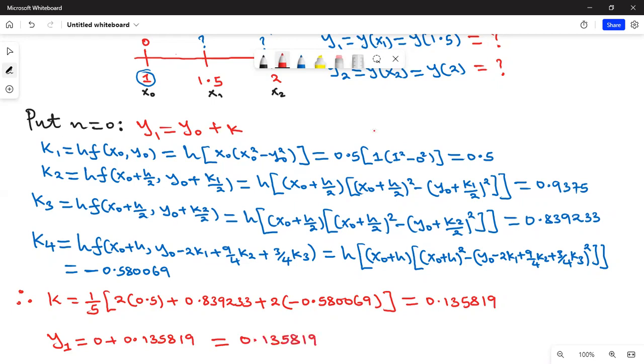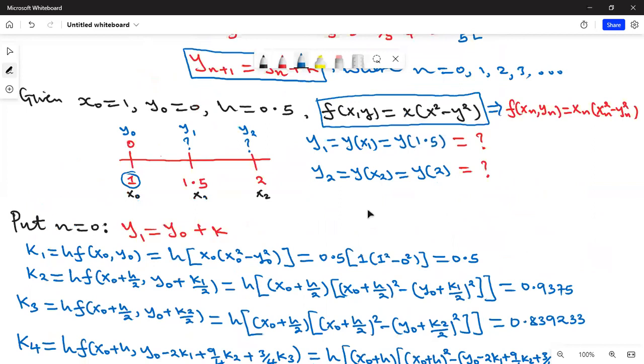So this is the value of y when x is 1.5. Let me bracket it and comment on this. So we have found the first one, this value as 0.135819.